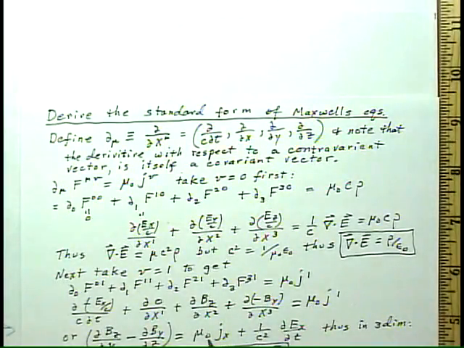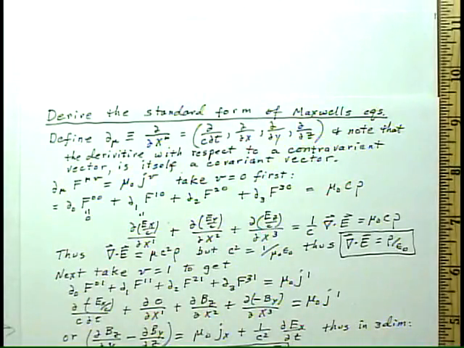I also have the term mu naught J, but J upper 1, you recall, is J in the x direction, the standard component of the current density in the x direction. I'm then left with two other components of the equation, partial with respect to y of Bz and partial with respect to z of By with a minus sign. Well, this is exactly the x component of the cross product, del cross B. Remember, the x component is partial with respect to y of the z-th component minus partial with respect to z of the y-th component.